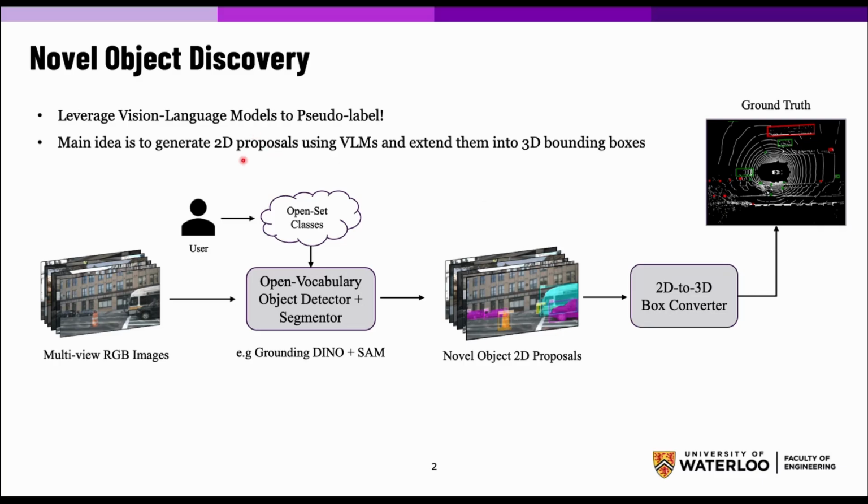More specifically, because we have the multi-view RGB images associated with our driving data, can we use the 2D space, something like an open vocabulary object detector and segmentator, to propose these proposals in 2D? And then we can take these and convert them into 3D boxes.